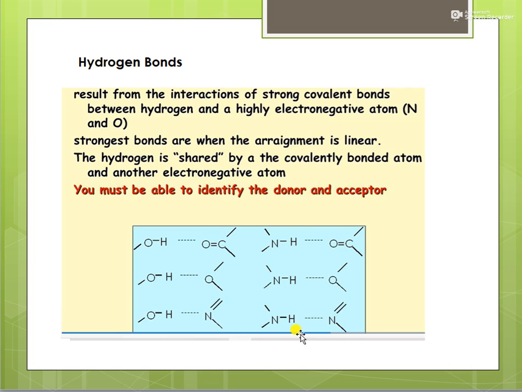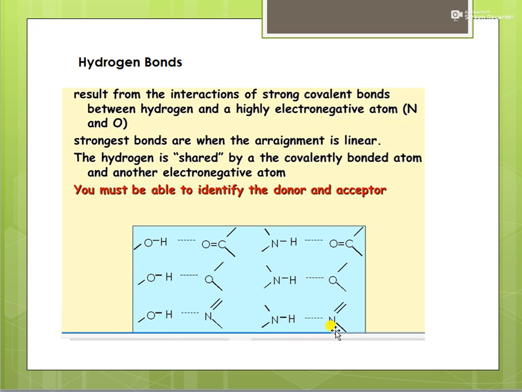Now, in the last case, which I have marked with my arrow, you can see that the hydrogen atom is covalently linked to one nitrogen atom, and that is in turn shared to another nitrogen atom by a hydrogen bond.